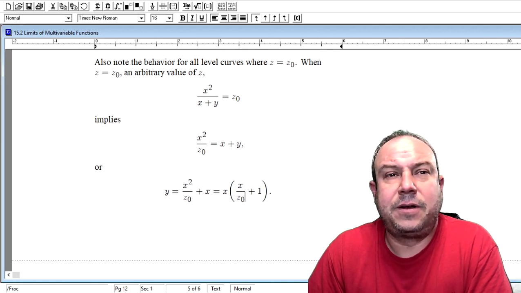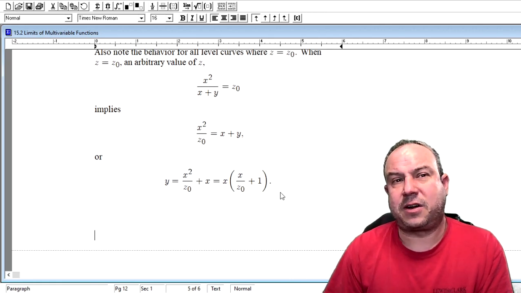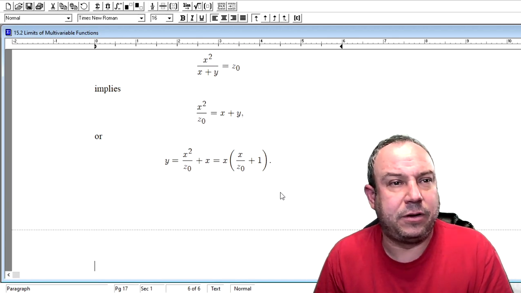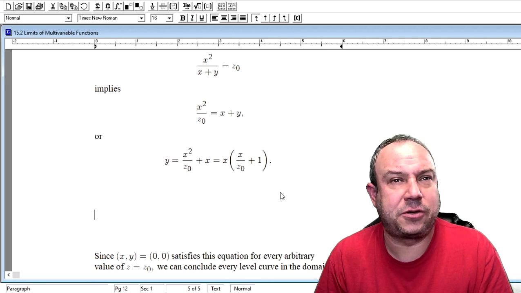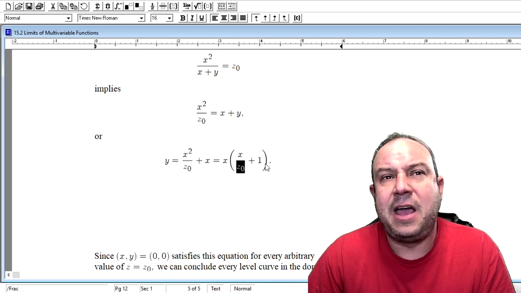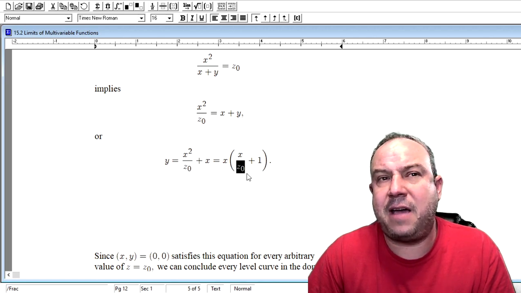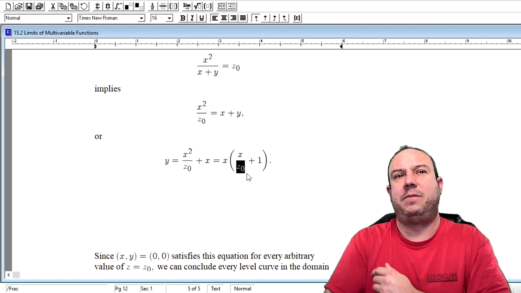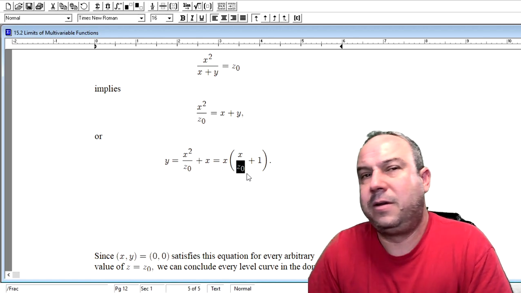Folks, that's another way to start analyzing the level curve behavior at that point of interest. And what you will notice is 0 can be plugged in there and 0 can be plugged in there, and it doesn't matter what the z null is. Those will describe every single level curve, right?